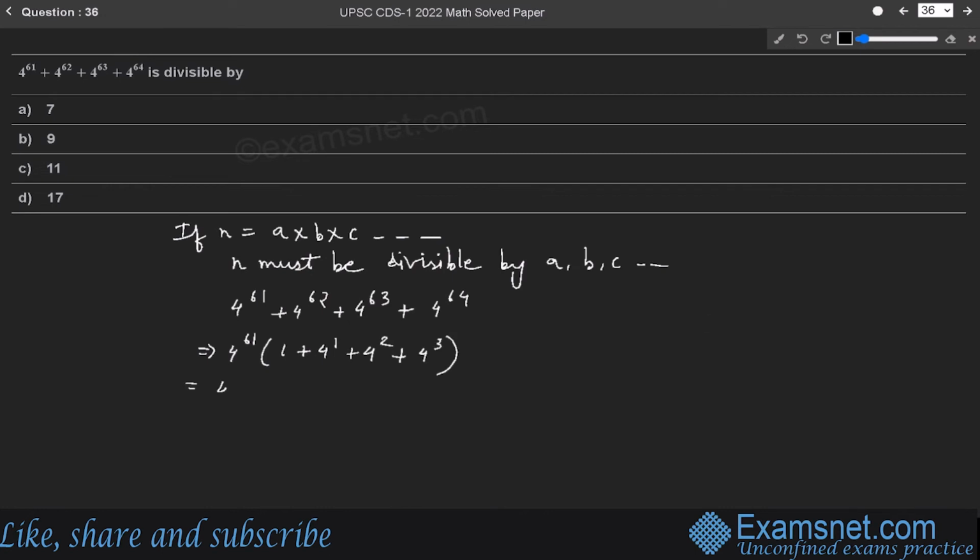On further solving, it will be 4 to the power 61 into 1 plus 4 plus 16 plus 64, which is equals to 4 to the power 61 into 85. Now 85 can be written as 5 into 17, because we know that 17 into 5 is 85.